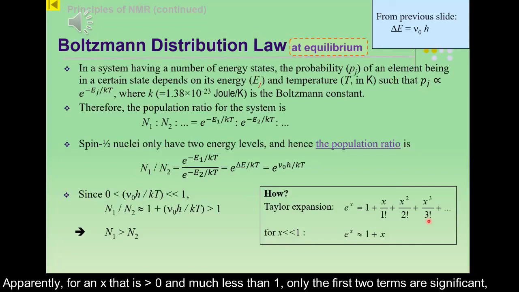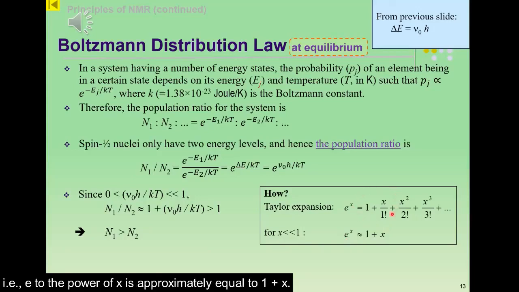Apparently, for an x that is greater than 0 and much less than 1, only the first 2 terms are significant, i.e., e to the power of x is approximately equal to 1 plus x.